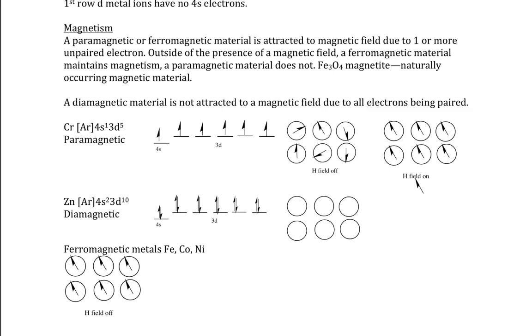So an atom of chromium has a net magnetic dipole moment, and we can symbolize that with a circle for the atom and then an arrow in it, as I've drawn there. In the picture with H field off written below it, I'm showing, let's say, 6 atoms of chromium with their magnetic dipoles just randomly oriented. But they do have magnetic dipoles.